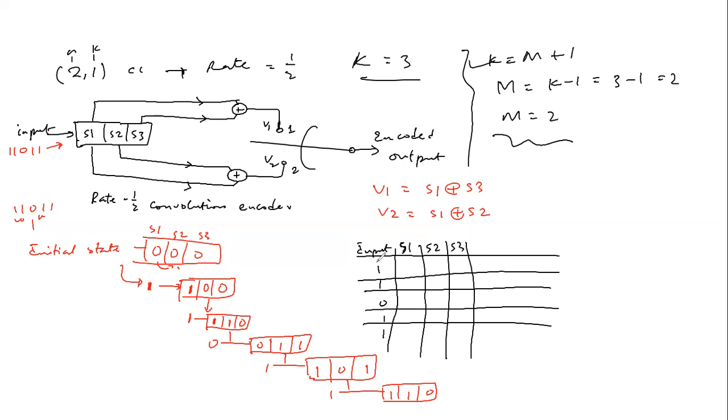So here we say that shift register 1 holds onto this input 1, 1, 0.